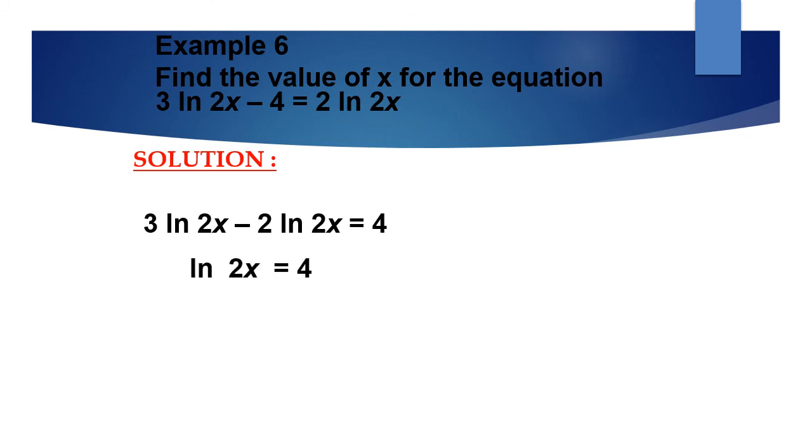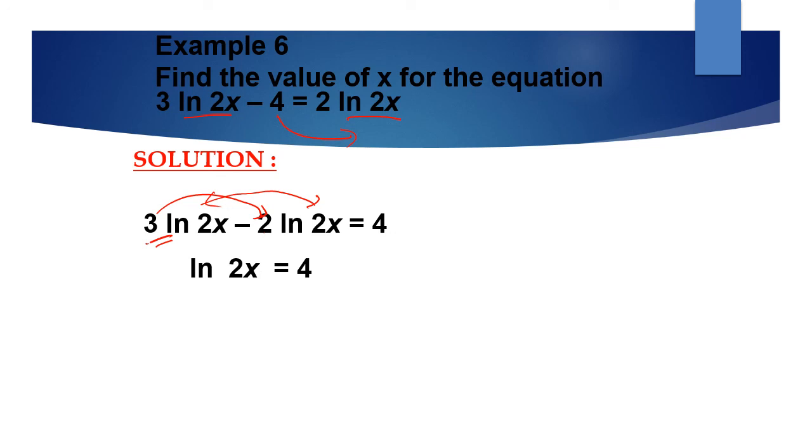We can rearrange everything, because this natural log of 2x is the same as that natural log of 2x. Combining these two natural logs, we subtract the coefficients, 3 minus 2, so we have 1 natural log of 2x, and we bring 4 to the right side. So natural log of 2x is equal to 4.